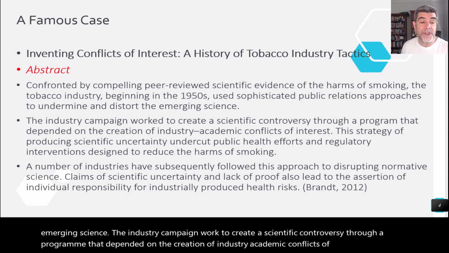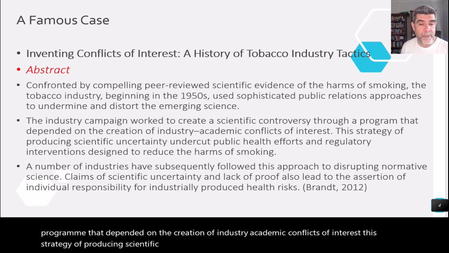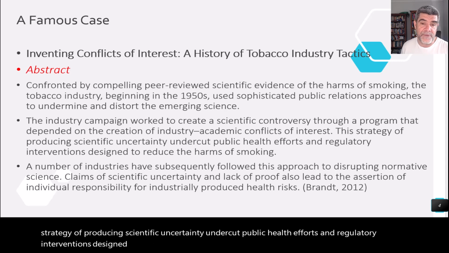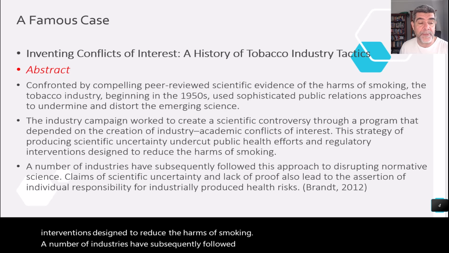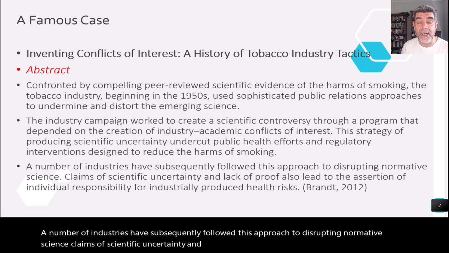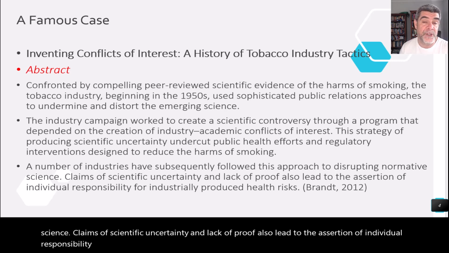This strategy of producing scientific uncertainty undercut public health efforts and regulatory interventions designed to reduce the harms of smoking. A number of industries have subsequently followed this approach to disrupting normative science.